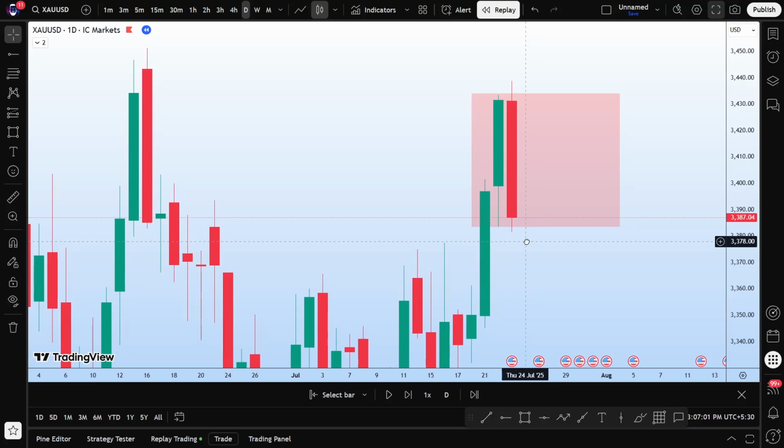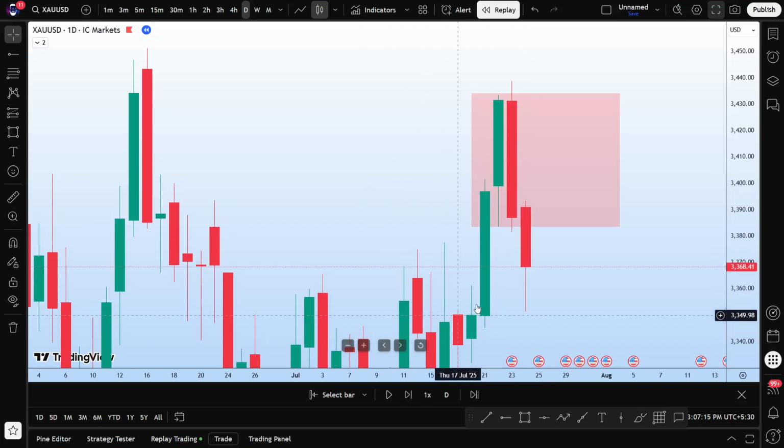No, we can't. Why? Because the price failed to close with the body closure. We need body closure in order to consider this as bearish engulfing. And on the very next day, we had that bearish closure. So this is when we have formed this bearish engulfing sell.